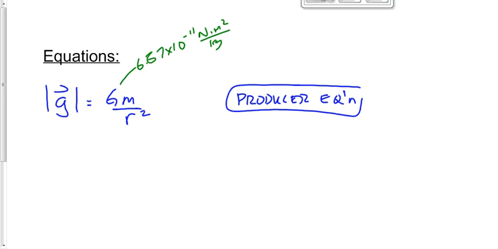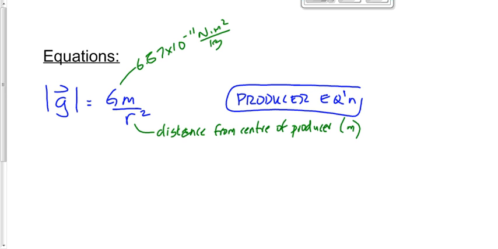R is the distance from the center of the producer. So if you're trying to find the gravitational field strength 10,000 kilometers from the center of the Earth, then it would be 10,000 kilometers, except we convert it to meters.